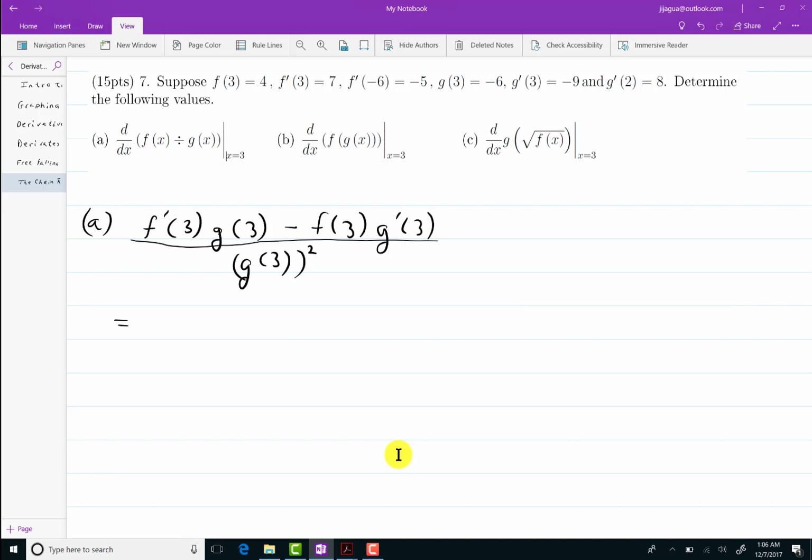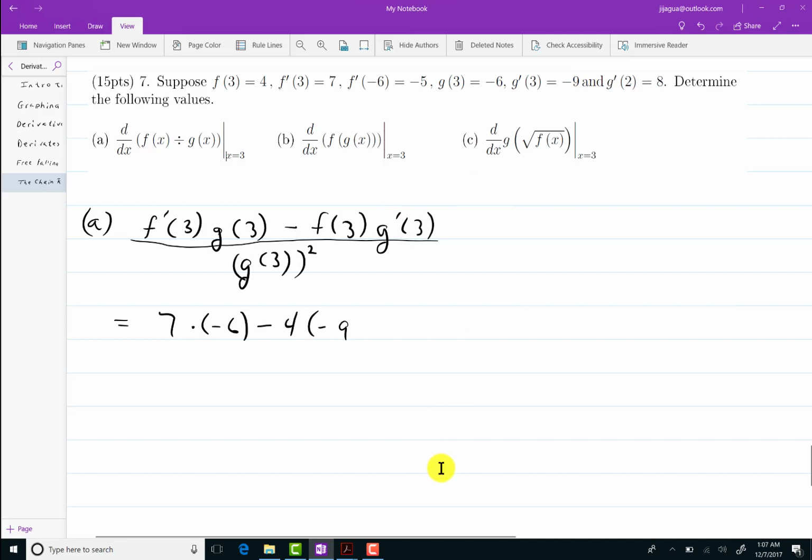So let's throw these numbers in. F prime of 3 is 7. G of 3 is negative 6. F of 3 is 4. And g prime of 3 is negative 9.